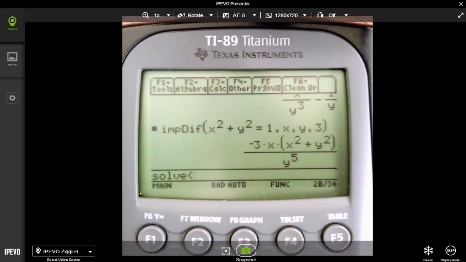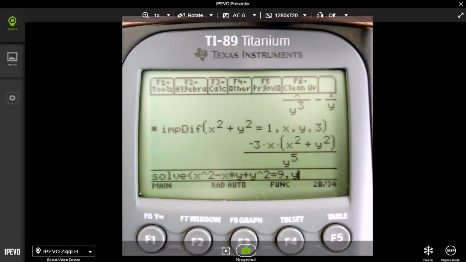And we're going to solve our original equation, which was x squared minus x times y plus y squared equals 9, comma, and we're going to solve this for y.